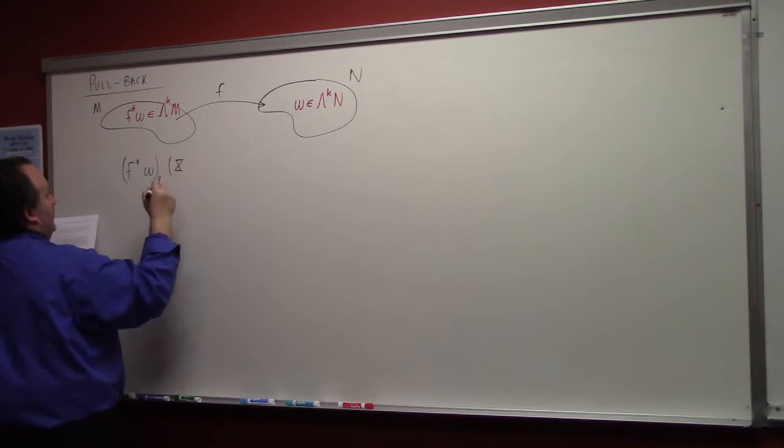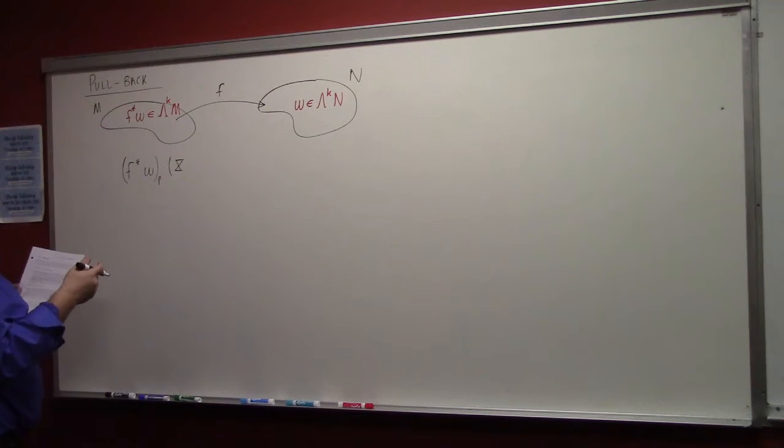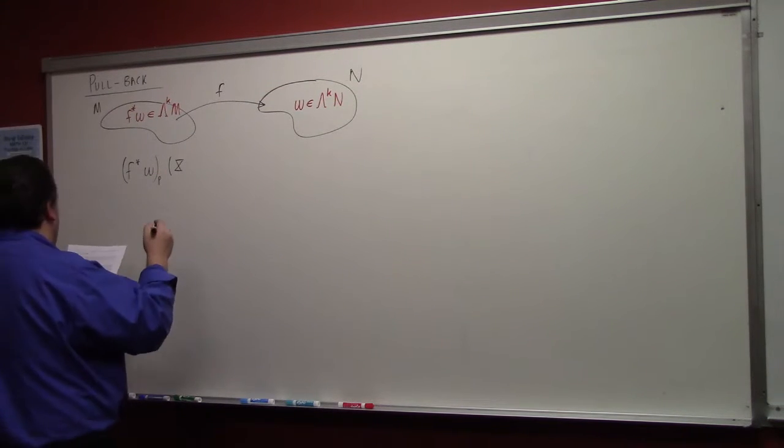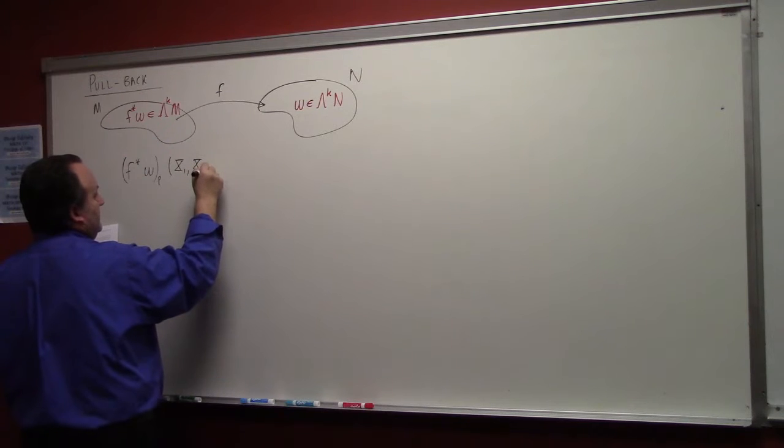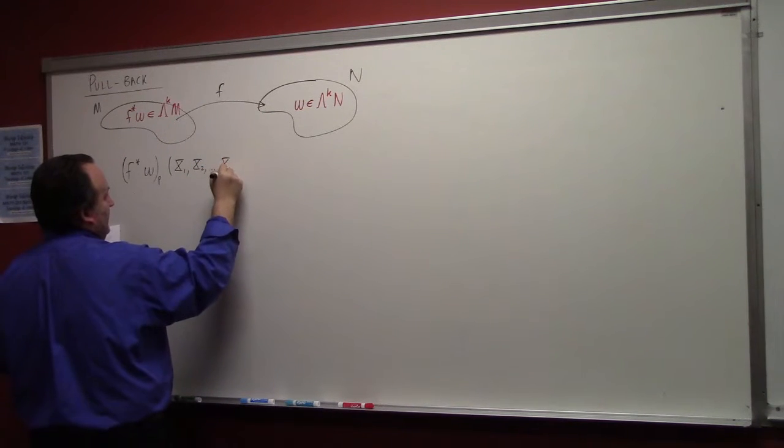How do you define a K-form? Well, you have to define how it acts on a K-tuple of vectors. Of vectors, rather: X1, X2, through Xk. So these guys are where?